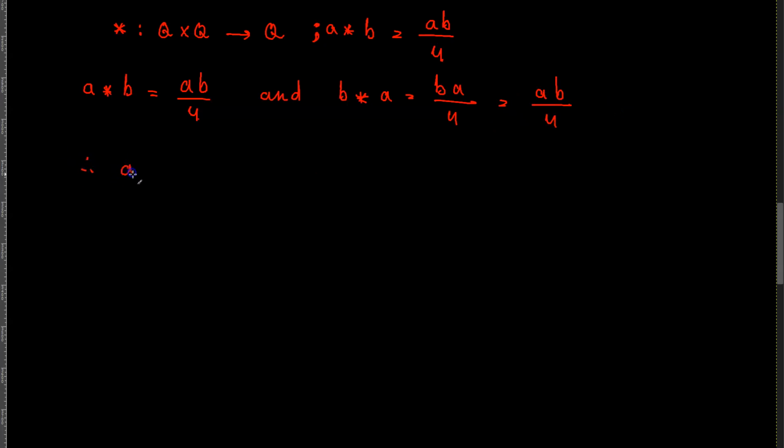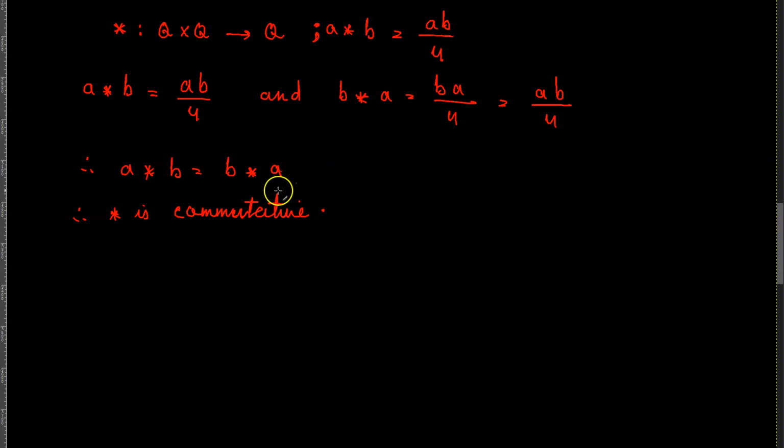And therefore A star B is equal to B star A. And therefore star is commutative.